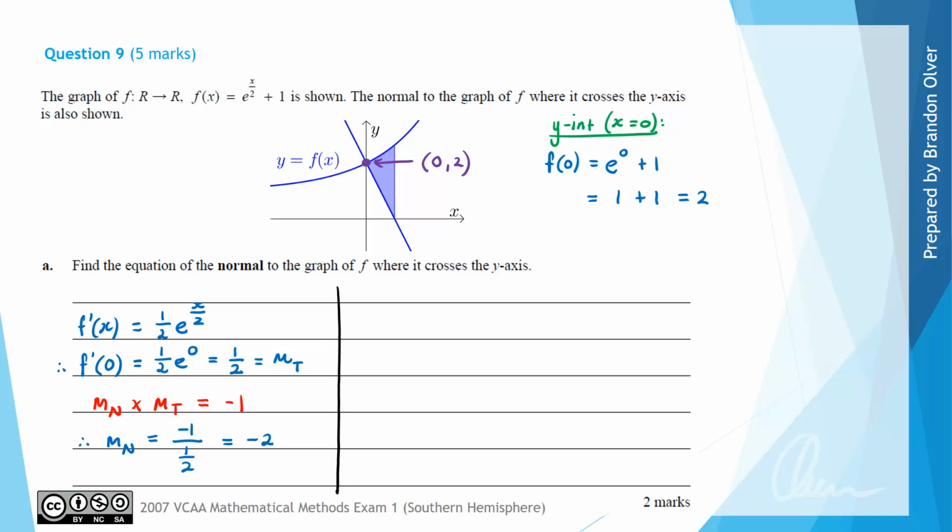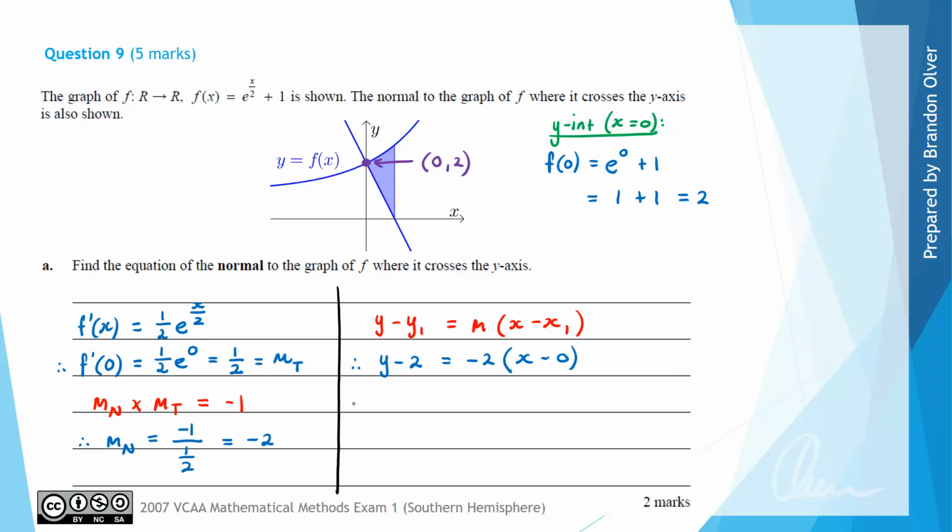Now that we have the gradient of the normal and a point that line passes through, we can use the equation y minus y1 equals m bracket x minus x1 to find the equation of that straight line. Substituting in what we know, we have y minus y1, which is 2, equal to the gradient, which is -2, times x minus x1, which is 0.